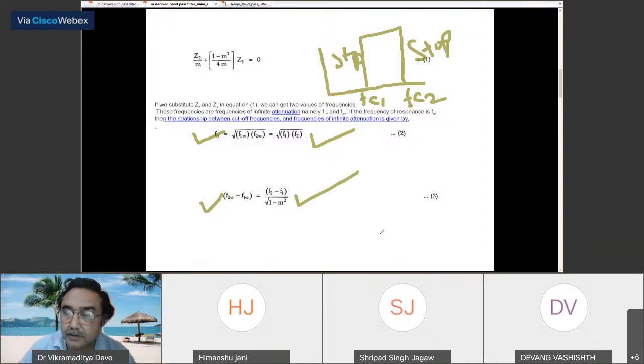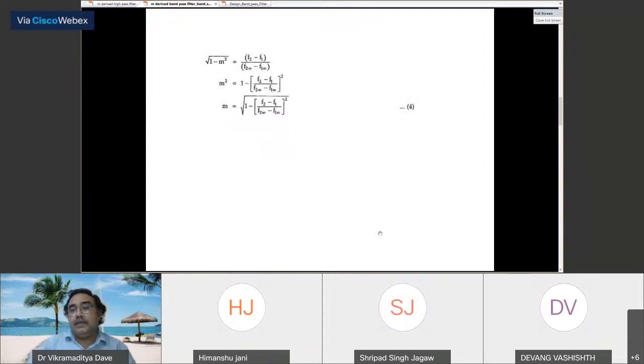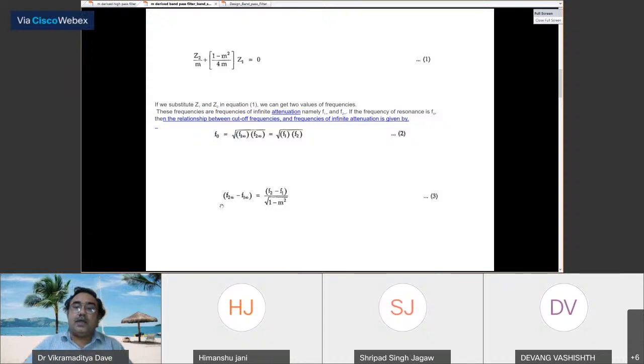With this, we can find the value of m. With just a mathematical rearrangement, m comes out to be the square root of 1 minus (f2 minus f1) upon (f2 infinity minus f1 infinity). This is the formula which you have to remember. If you can't remember this big one, then it is better to remember the earlier formula.